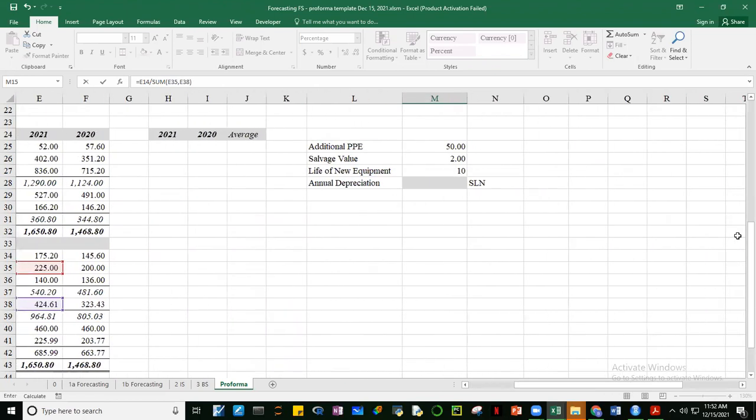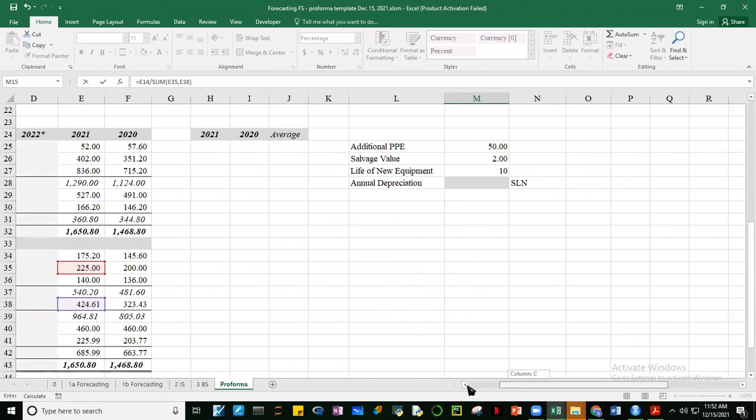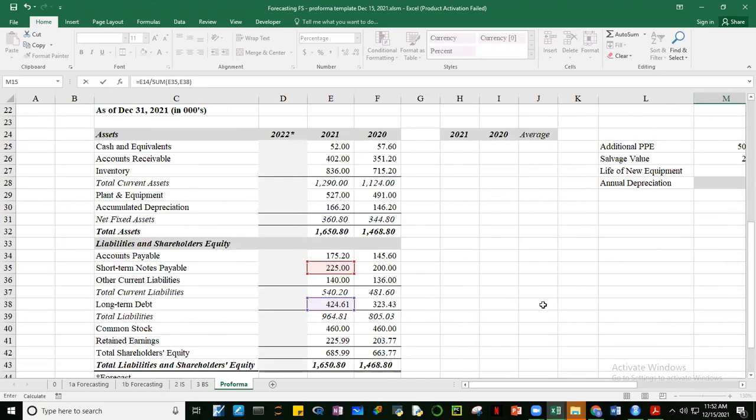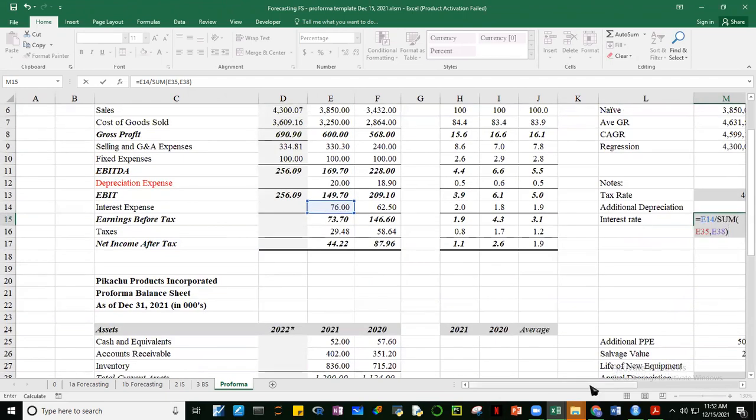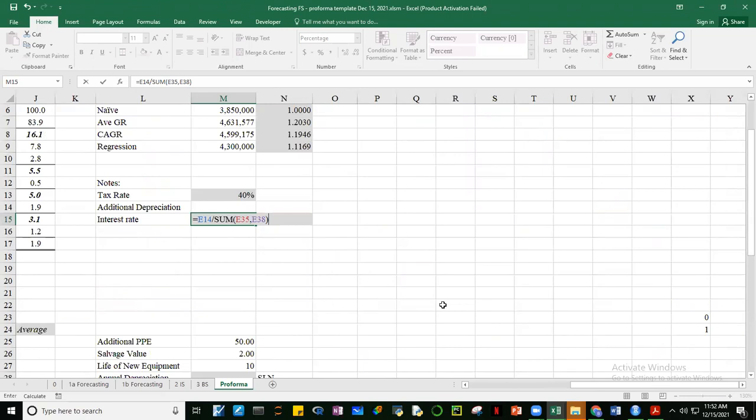We are assuming that yung short-term notes payable at saka yung long-term debt, pareho yung interest. Actually guys, dapat mas malaki yung interest ng long-term debt. But since we don't have that information, we will just assume that they're the same. In actuality naman guys, alam dapat ng company yan kung magkano yung rate ng short-term at saka yung rate ng long-term.